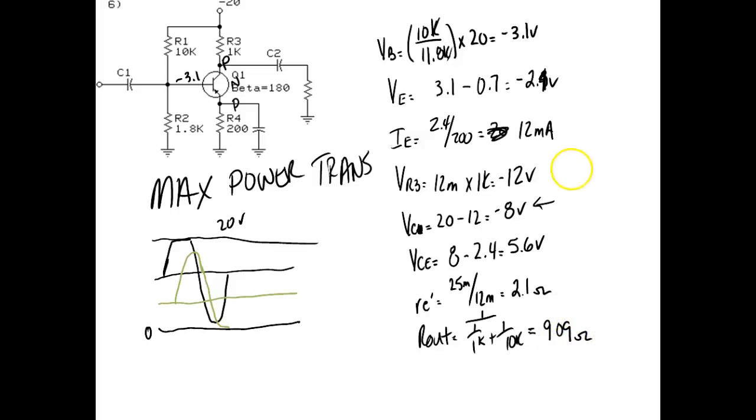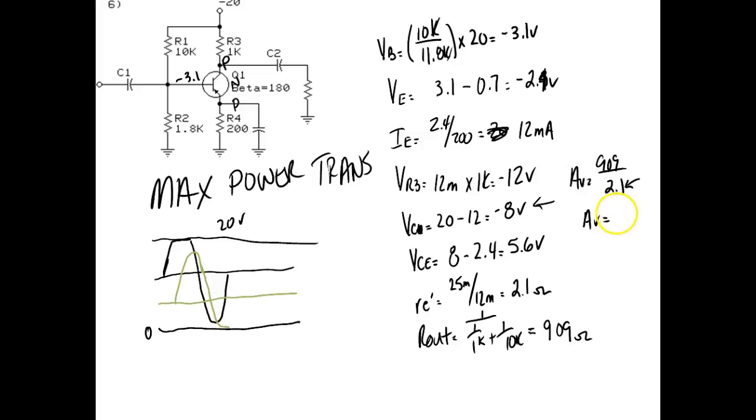Okay, so now I can calculate AV. AV would be equal to 909 divided by 2.1. So what are we using now to calculate our gain? Yeah. So if we don't bypass, we use RE. If we do bypass, we use RE prime. So what's our gain now?